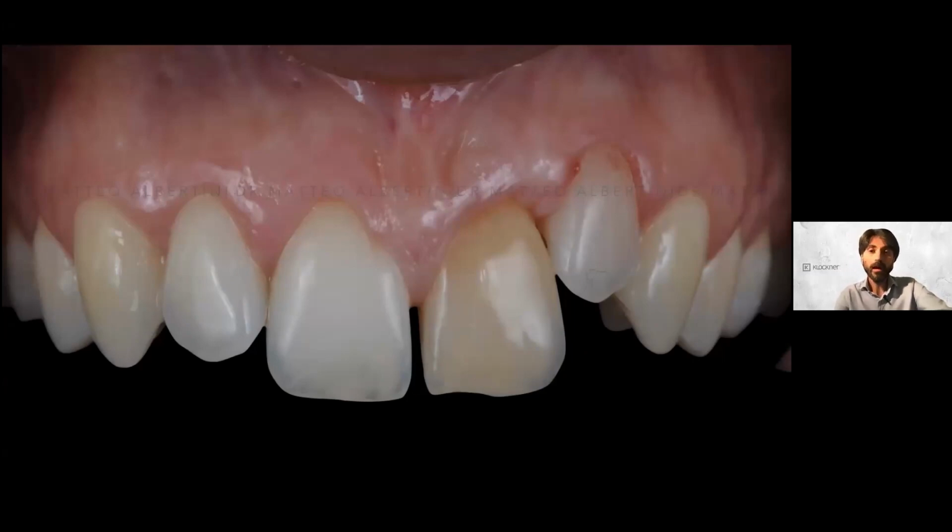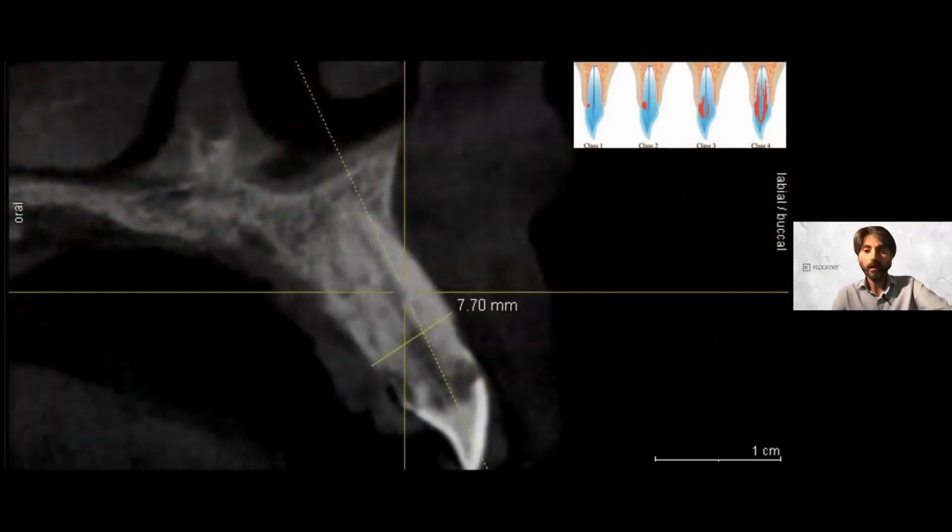And we also have gingival recession at tooth 2.1 and loss of attachment, the loss of papilla distally to the tooth 2.1. In the CBCT, you can see that the tooth is not maintainable because the lesion is through, and we have a very, very, very thin buccal wall.